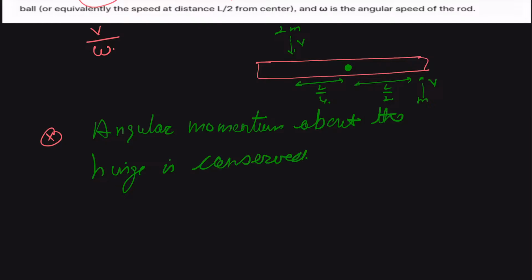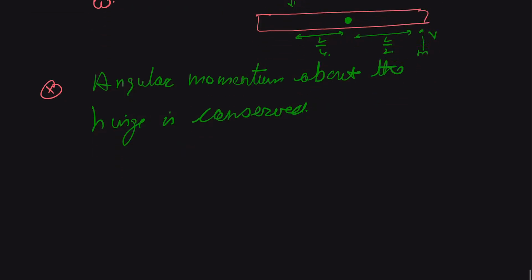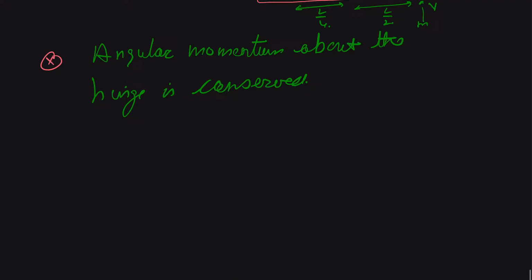And so let's find out the respective angular momentum. So we have a mass 2m, and for that let us call this as L1, which will be equal to 2 times m, and the lever arm is L/4, and the velocity it is moving is v.